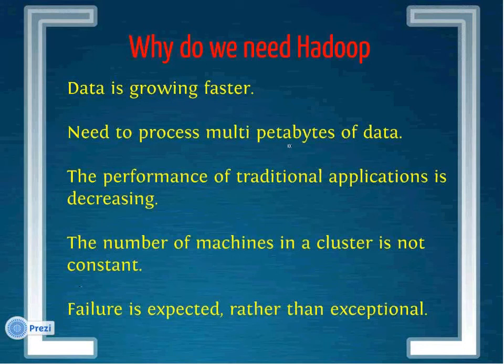So in old days, we were dealing with data in MB or GB. But in the present scenario, as well as in the coming days, we have to deal with terabytes and petabytes of data. So that was about the online sources of data. Let's talk about offline sources as well.